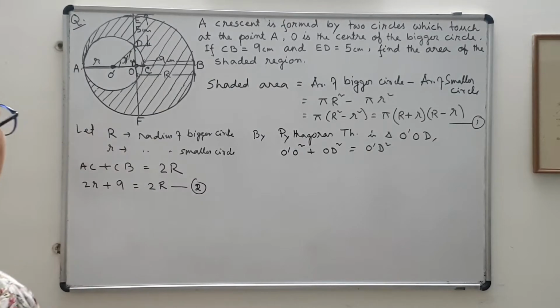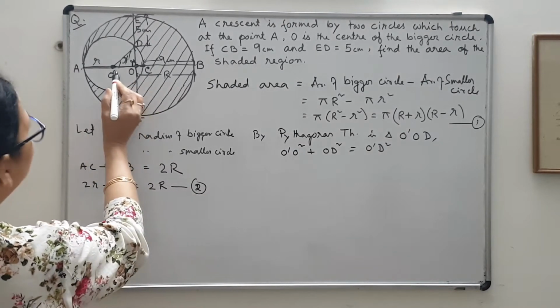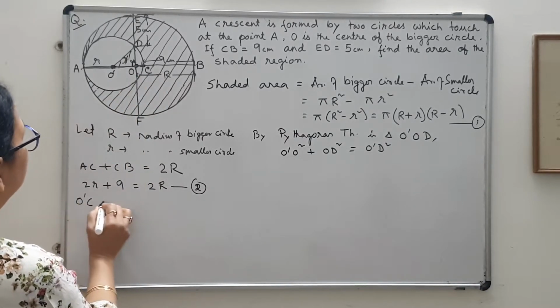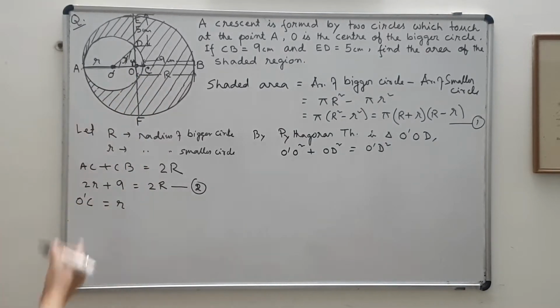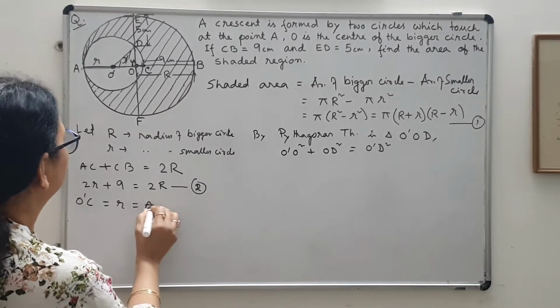Okay? Now again you observe the figure. What is your O dash O? O dash C is small r, okay? See, observe the figure. O dash C is small r. And O dash D is also small r.